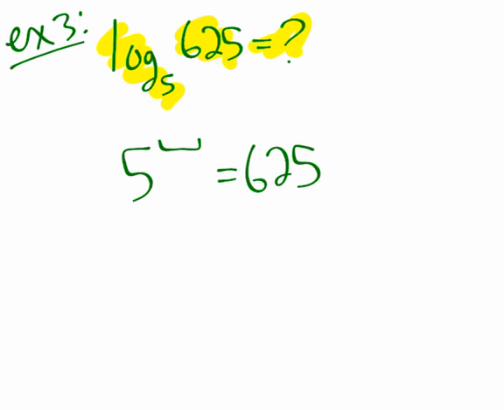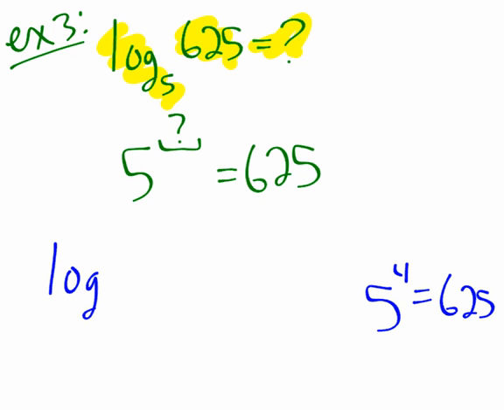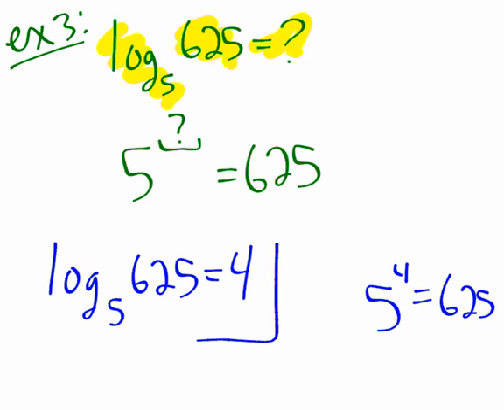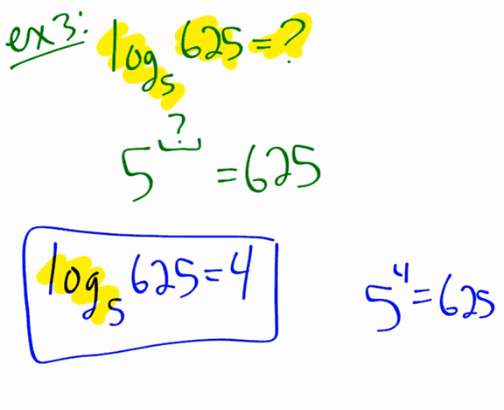So what is that exponent? And just on the side here, I know that 5 to the 4th is 625. So that means the exponent would have to be 4. So log base 5 of 625 would have to have an exponent of 4. The exponent on 5 that gives you 625 is 4.